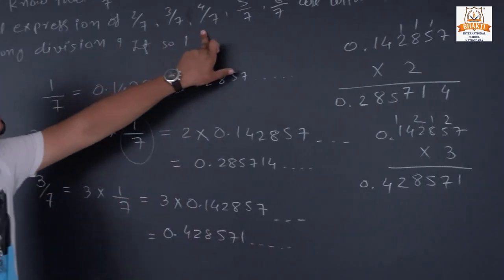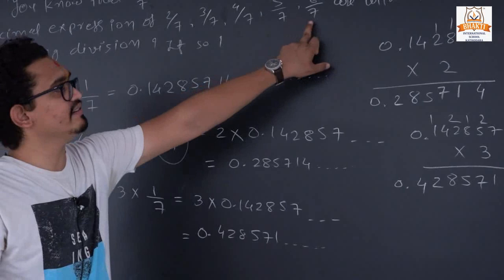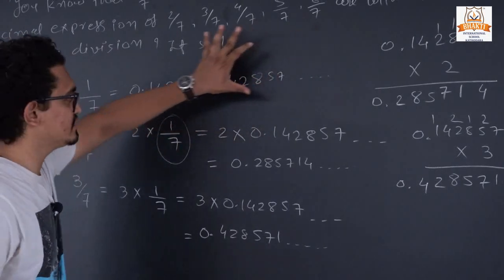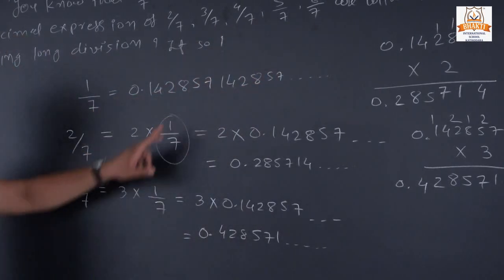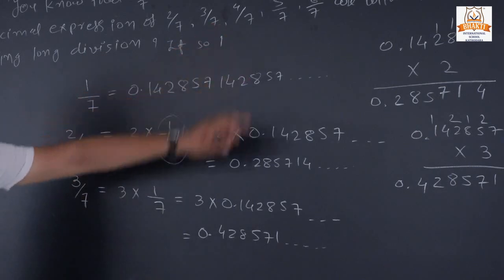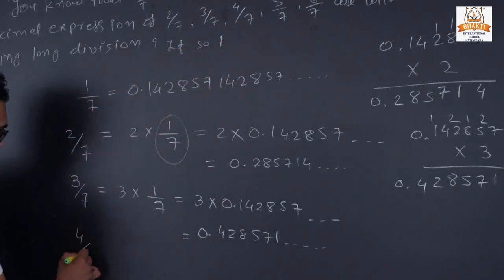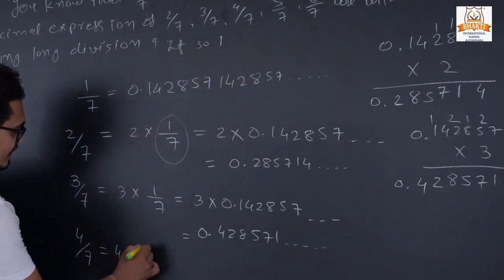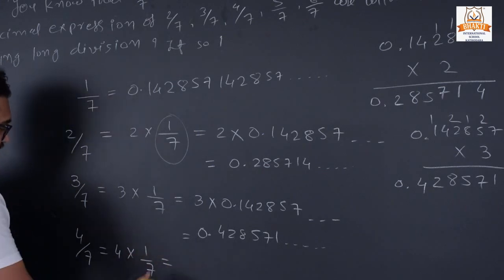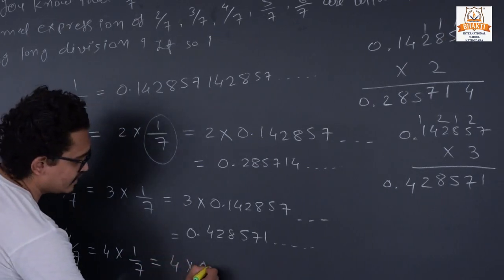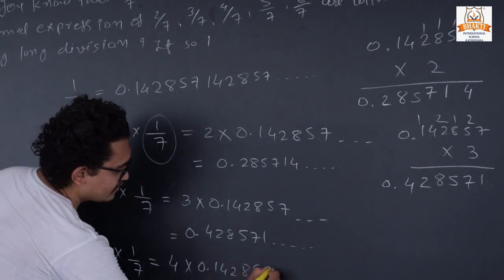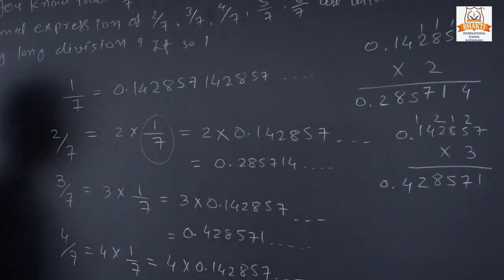Similarly we can find the values of 4 by 7, 5 by 7 and 6 by 7 by doing the same procedure. For 4 by 7, once again we write 4 into 1 by 7, so 4 multiplied with 142857. It will be continuous.